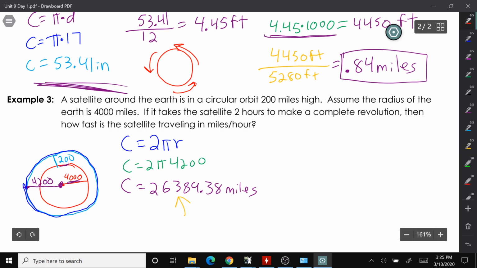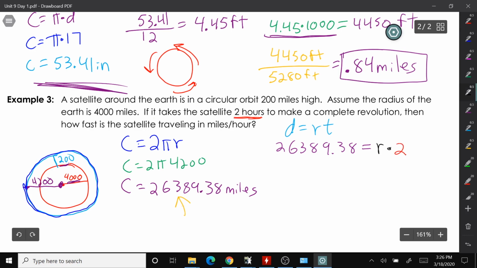Well, this one you might just think, just divide by 2 because if it goes this far in 2 hours, divide by 2 to get how fast it goes in 1 hour, and that will work. Another way to do it is what I call the DIRT equation. D equals rate times time, DIRT. We know the distance is 26,389.38, and that equals, well, we don't know what the rate is, but we do know that it takes 2 hours.